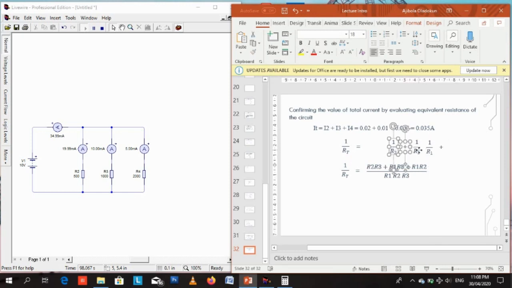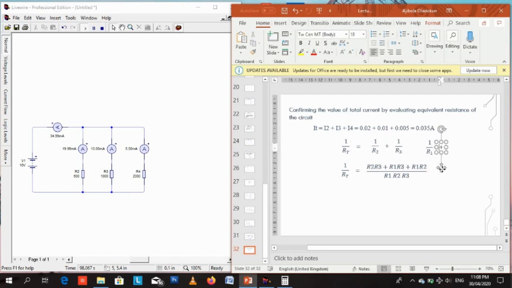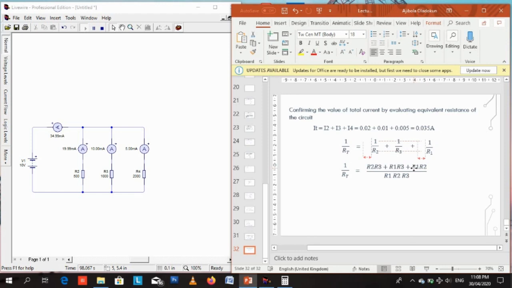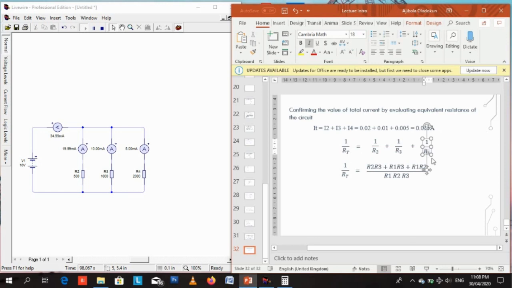But in this case, we have R2, R3, and R4. Actually, we changed the labeling. We didn't start from R1, we started from R2. So 1 over R2 plus 1 over R3 plus 1 over R4. This formula probably won't hold as is.